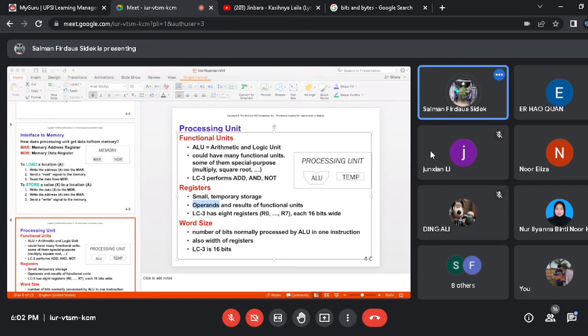What can you call that sequence of 32 bits? Two words, yes, two words.